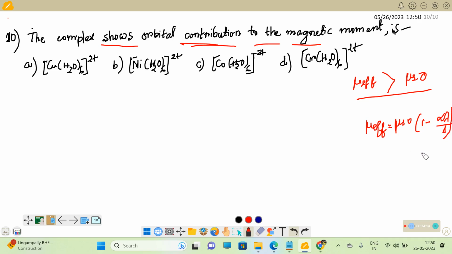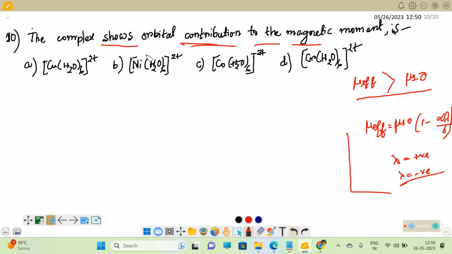And the value of lambda is positive for less than half-filled and negative for more than half-filled. Okay, so that is not the issue.